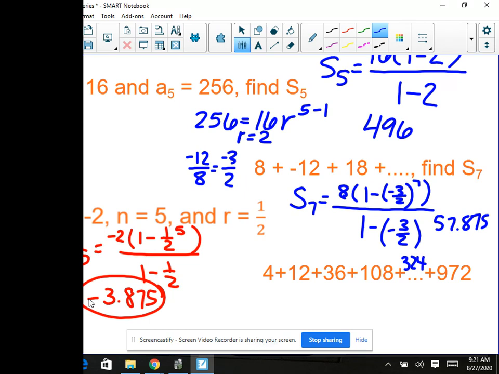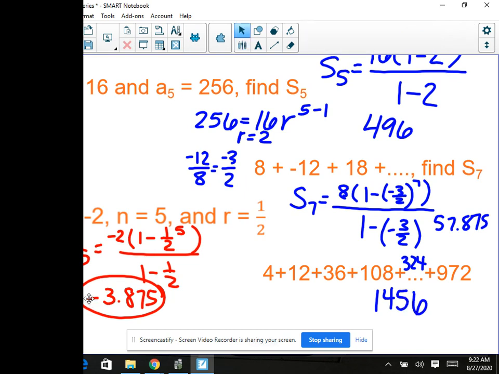Then if I take 324 and multiply that by 3, that's all the terms I need. All I have to do is add them all together. I'm done. Okay? That would have kept you from using both formulas. Could you have figured out both formulas, the answer as well? 100%, okay? So this one ends up being 14.56.